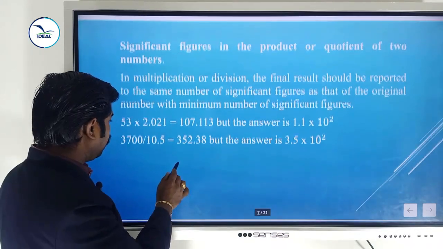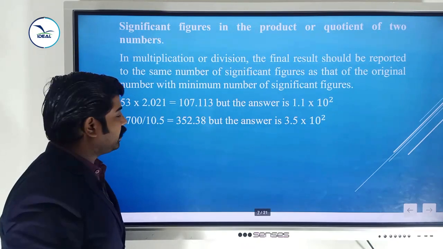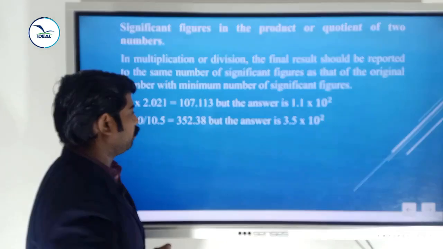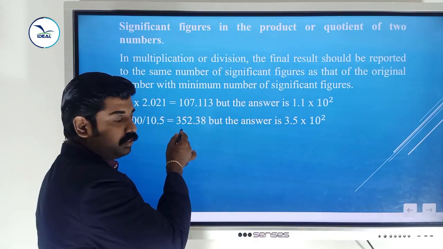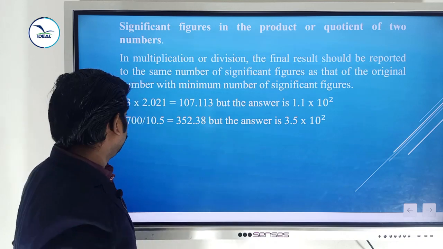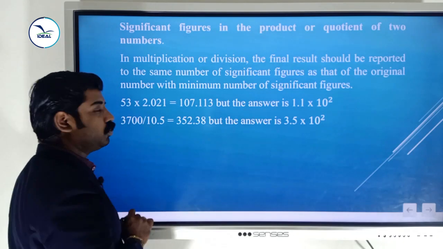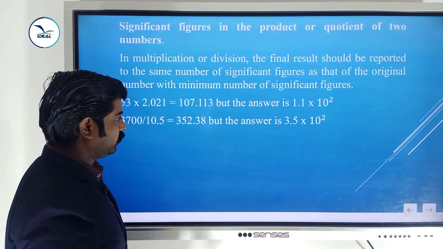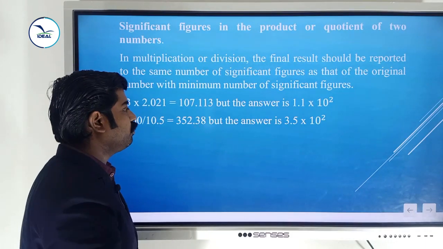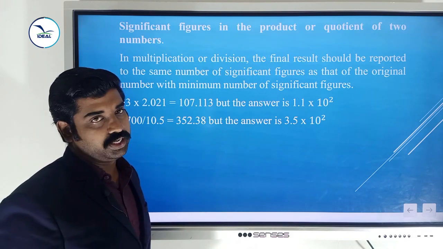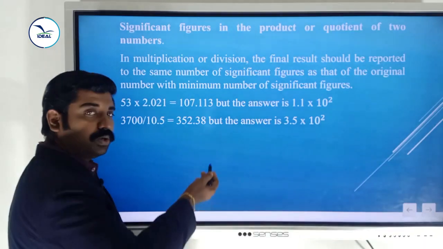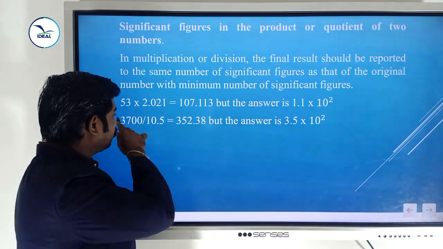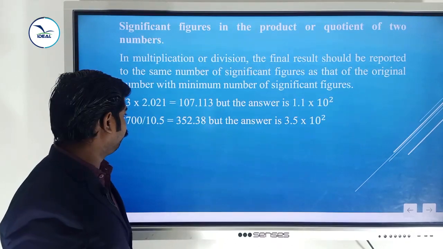Okay, likewise, another example, 3700 by 10.5. The result is 352.38. Here 3700 consists of 2 significant figures and 10.5 consists of 3 significant figures. But the resultant actually consists of 5 significant figures. So I want to write the result in 2 significant figures.